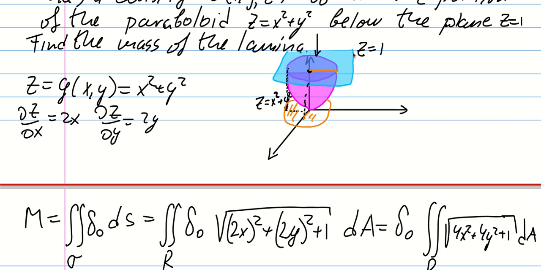And we know that over here z is equal to 1, so this circle will be 1 for z equals x squared plus y squared if we square both sides. This would be our circle if we look from the top.